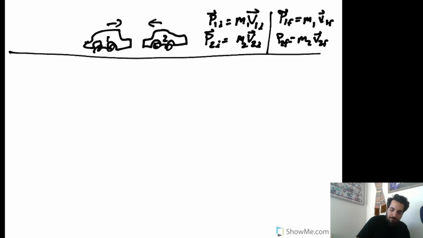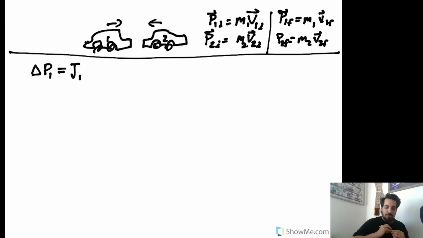Okay, well, what can we do from here? The obvious thing to look for here is the change in momentum, right? We want to know how these things change their velocities as they go throughout their collision. So we would look at the change in momentum of 1. And what we learned in the last video is that the change in momentum is equal to the impulse that the car feels.